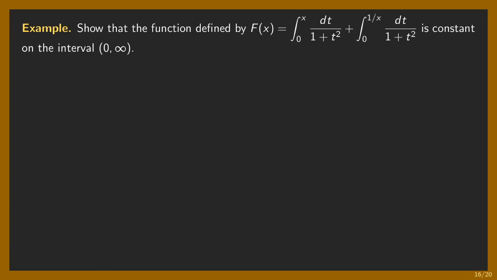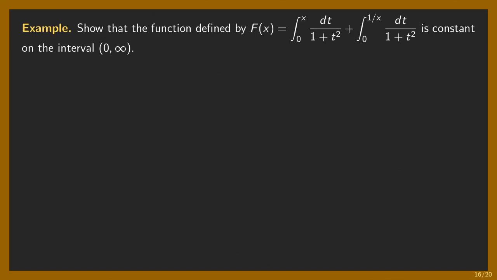When we say constant, it means any two positive numbers I put in for x, the value is always the same; it doesn't change. How do we show that? Another way is to show that its derivative is 0 everywhere in the interval. Remember, if a function has derivative 0 at every point in an interval, then we can conclude that the function is constant there.